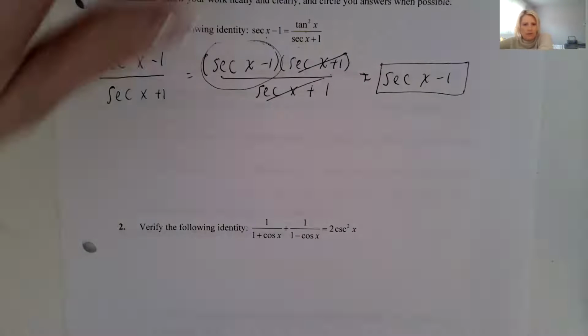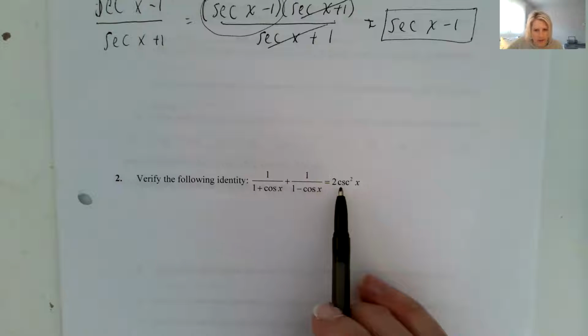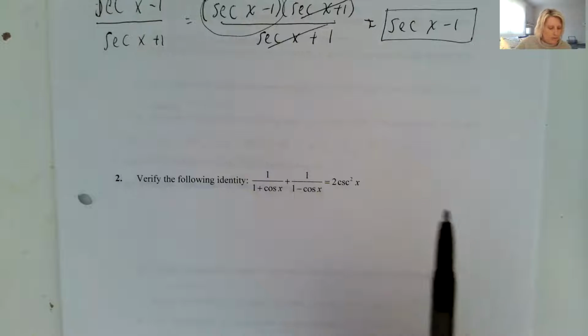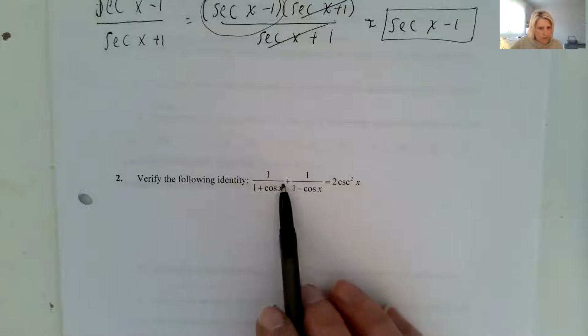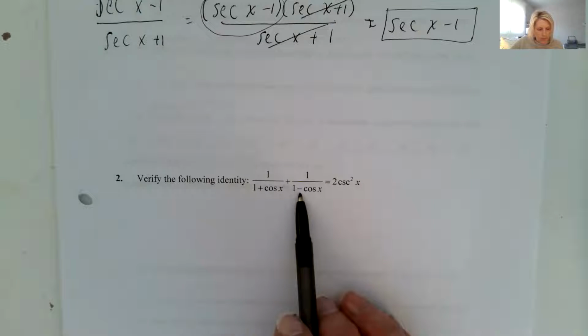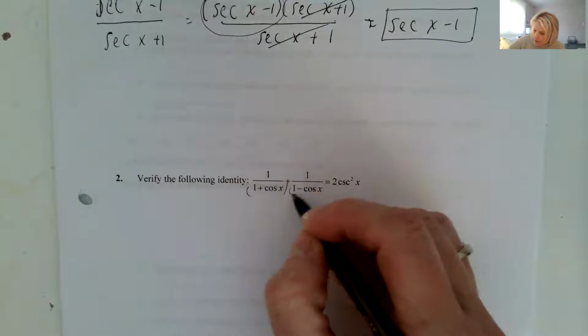So the second thing we're going to verify here is the sum of these 2 fractions. What I'm going to do is get a common denominator between them, so it's going to be the difference of squares. We're going to have one of each.